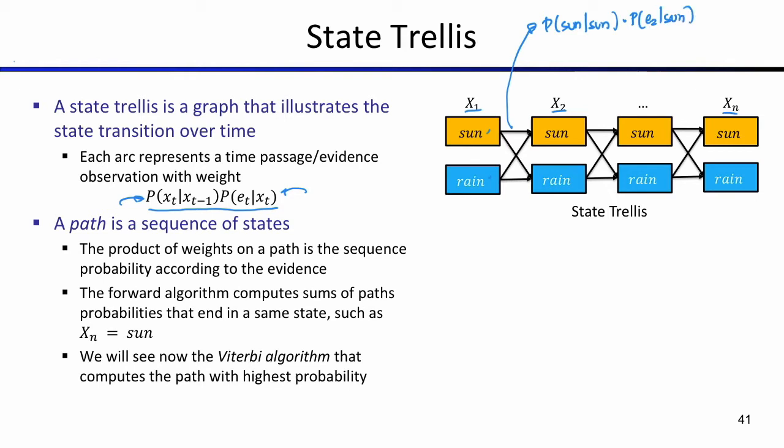And for this edge here, we have the probability of sun given that it came from rain times the probability of the evidence E2 given that I am now at the sun position. And for the forward algorithm, what we do is sum these two things together and we get the probability of x2.